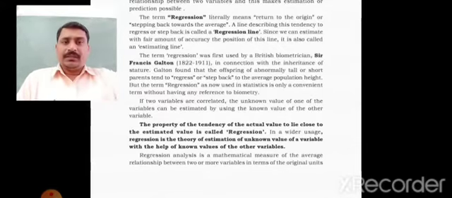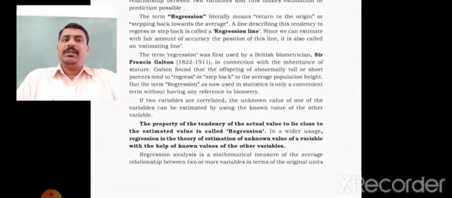Here the two variables are correlated, which means the unknown value of one variable can be estimated by using the known value of the other variable. For example, if rainfall is 10 mm, in the agri field we are producing 1 ton of crop.